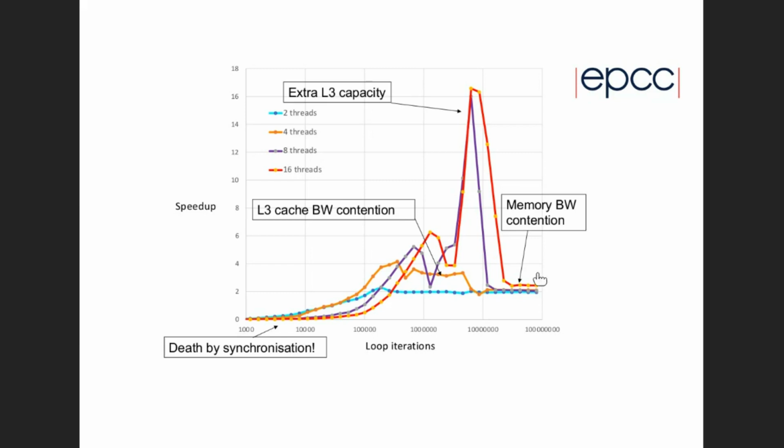But you can see that once we're out in main memory here, the speed ups are awful. I get about 2.5 times speed up on 16 threads because of the memory bandwidth contention. Again, you're not quite sure what the effect is here.